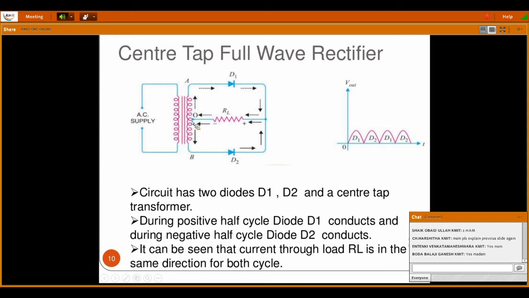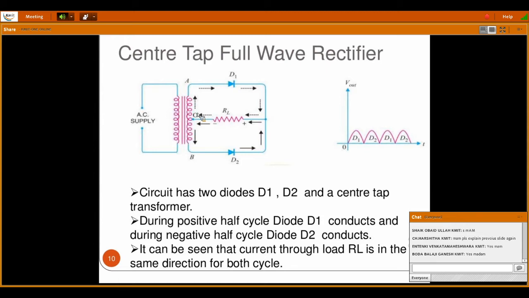Center tapping means we are tapping the transformer secondary to the load resistor in such a way that during the positive half cycle, point A will be positive, and during the negative half cycle, the polarity of the secondary transformer will be reversed.